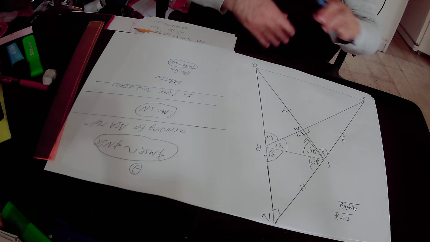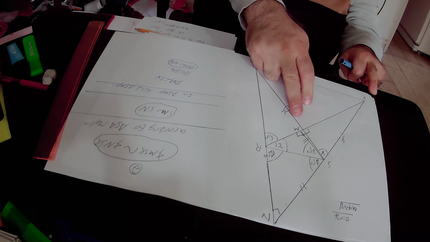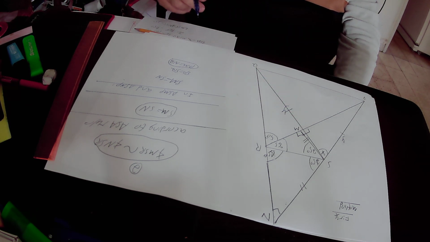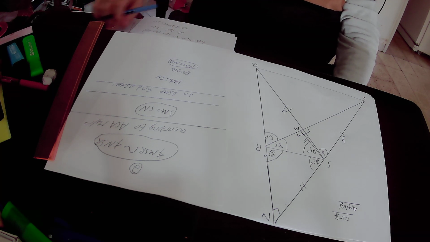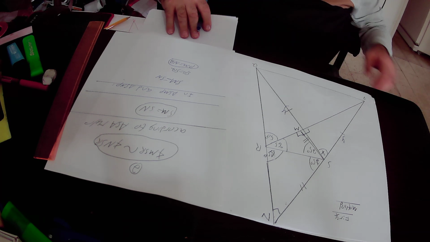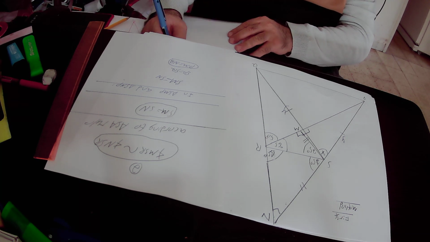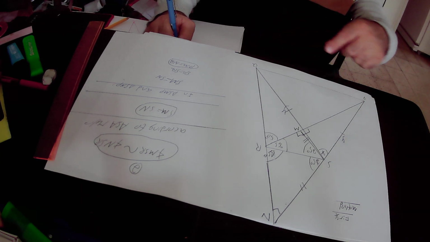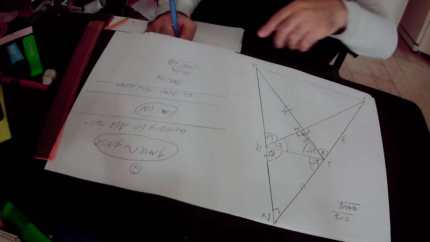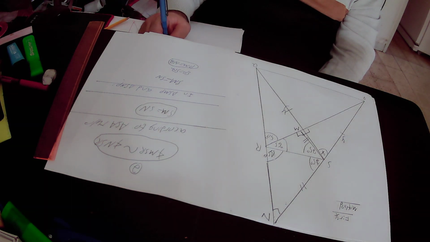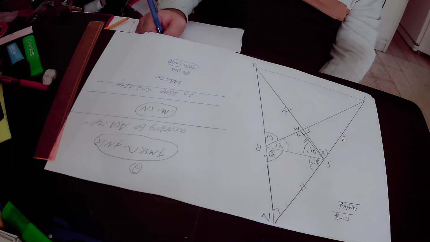So what is the value of PM according to the Pythagoras theorem? The value of PM is PM equals the root of SP squared minus SM squared.